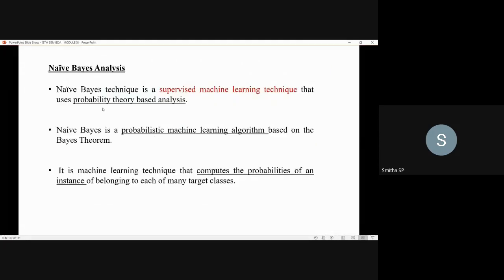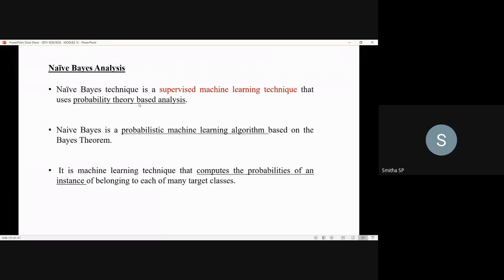Naive-Bayes analysis. The naive-Bayes technique is a supervised machine learning technique that uses probability theory based analysis. In naive-Bayes analysis, we use a machine learning technique which makes use of probability theory based analysis. Naive-Bayes is a probabilistic machine learning algorithm.